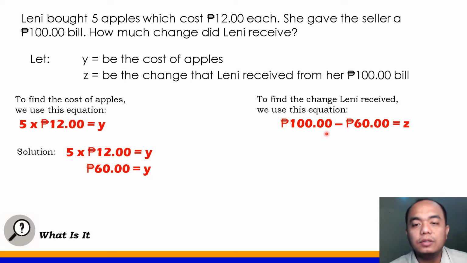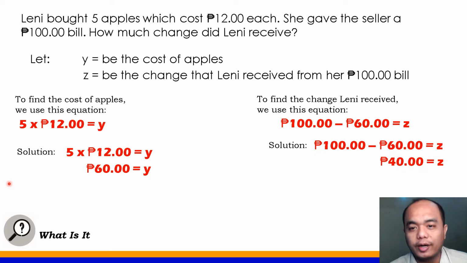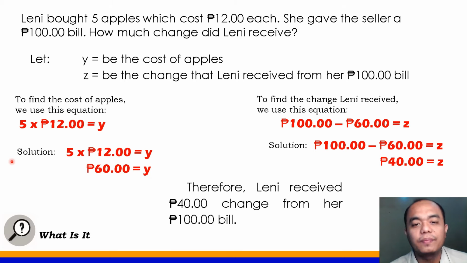Ang 100 peso dito, ito yung pera na ibinigay niya sa seller. Ito yung 60, ito yung cost ng apples na binili ni Lenny. 100 pesos minus 60 pesos equals 40. Magkano na lang ang sukli ni Lenny sa kanyang 100 peso bill? Yes, very good. Lenny received 40 pesos change from her 100 peso bill.